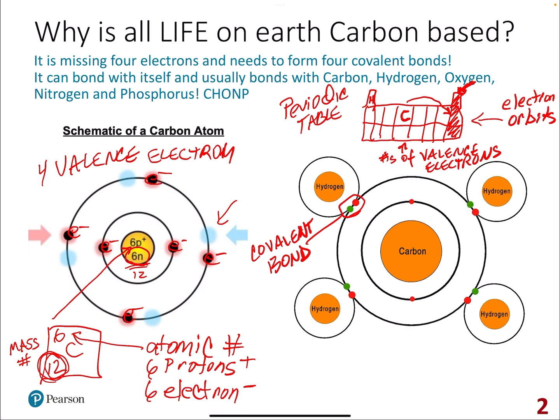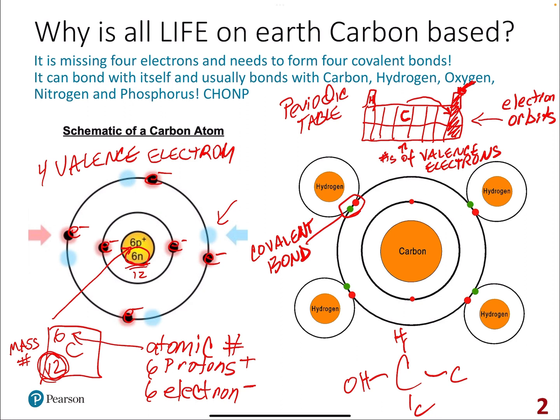Carbon will form 4 covalent bonds. You can write it out like a line. It is going to form 4 things next to it. Maybe a carbon, maybe a hydrogen, maybe an oxygen or a hydrogen. So you get the idea?